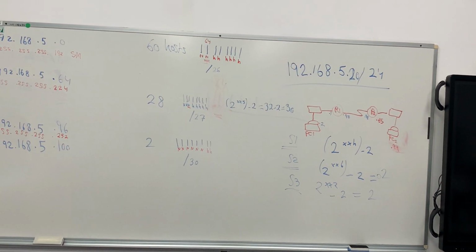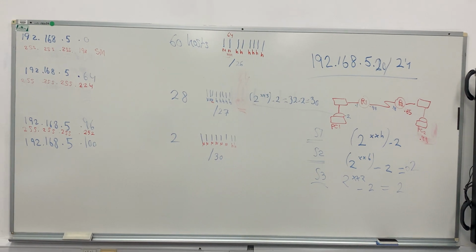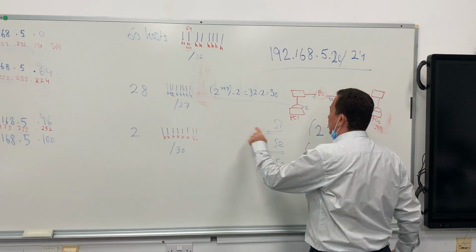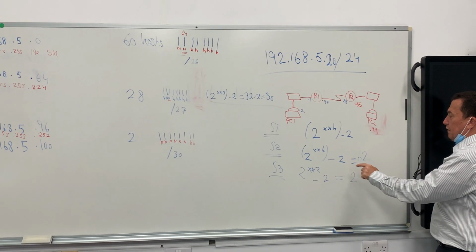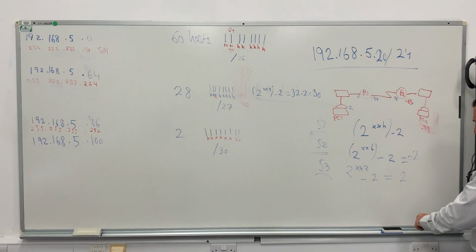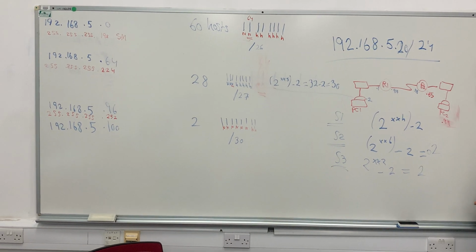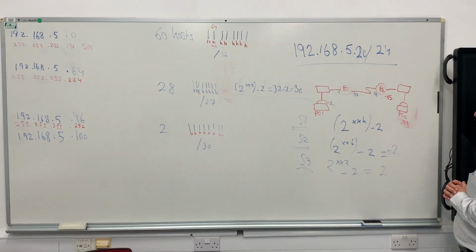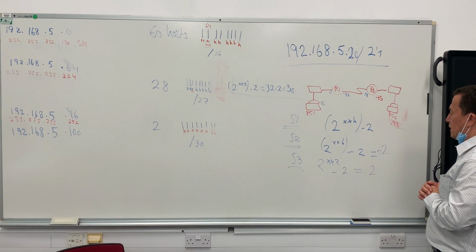Now for the second subnet, I need to get 28 hosts. To do that, I need to keep 5 bits for my host. This means 2 to the power of 5 minus 2, which will give us 30.